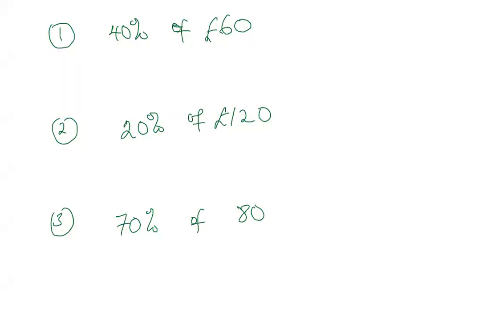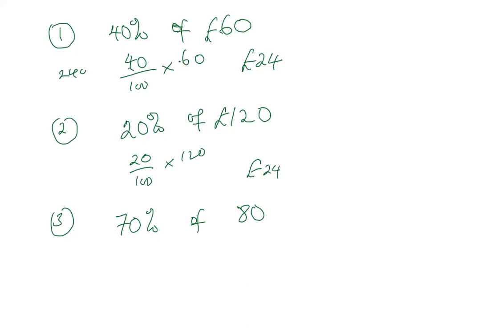So when you do this, it's going to be 40 over 100. 24 pounds. Yes, thank you, because 4 times 6 is 24. Then this one is 20 over 100, the same 24 pounds. Yes, 24 pounds too. Thank you. Then that one is 70 over 100 times 80.